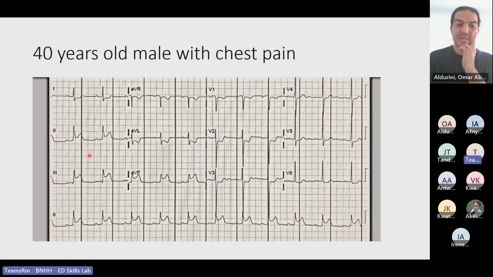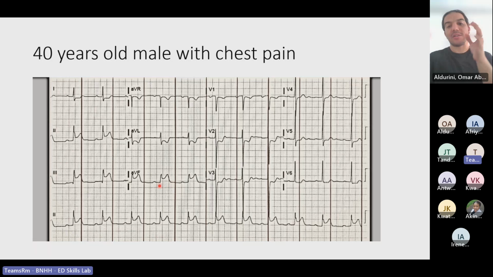Okay, and it is elevated in lead 2, 3, and AVF compared to the baseline. Okay, so there is also ST segment depression in V2, V3 as well.